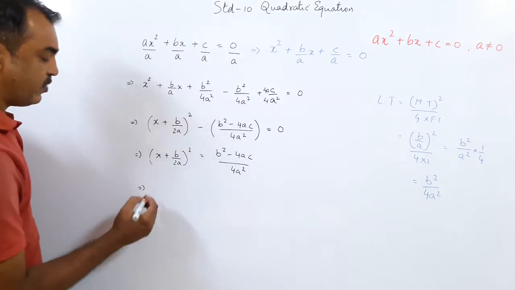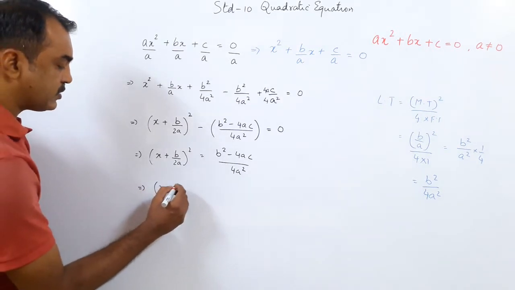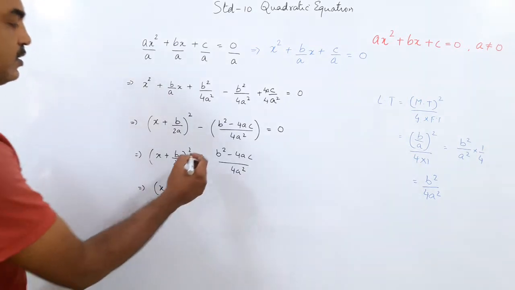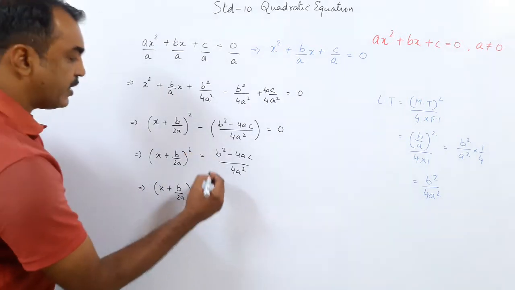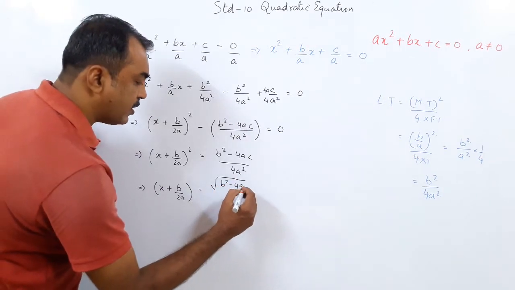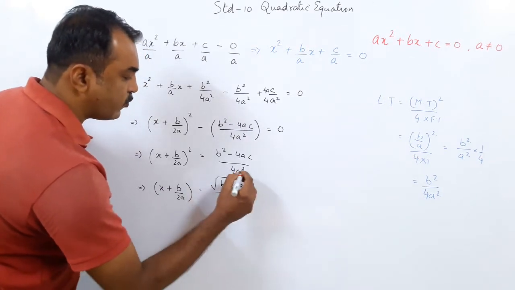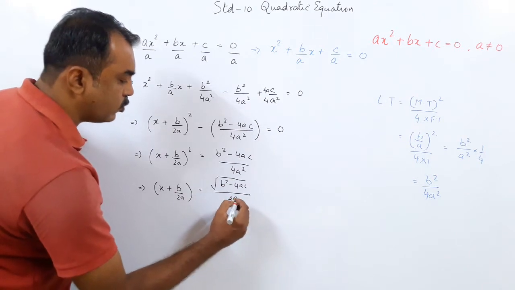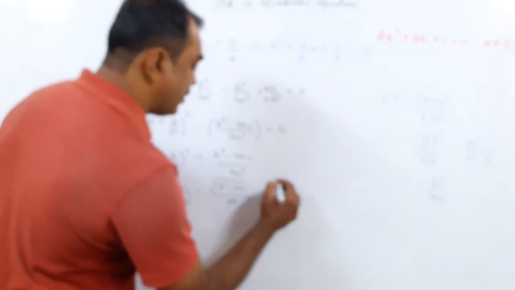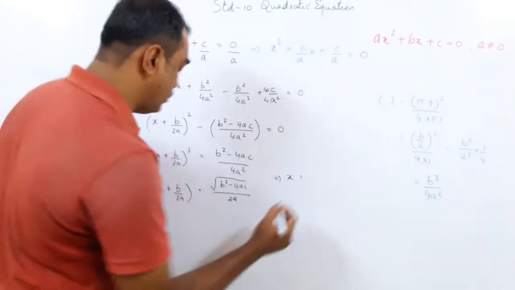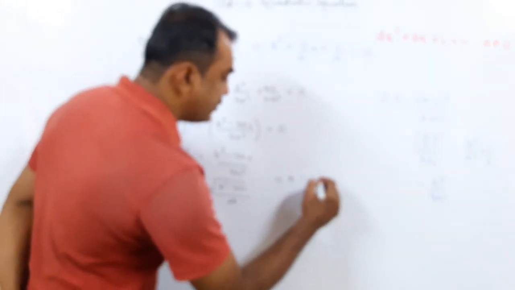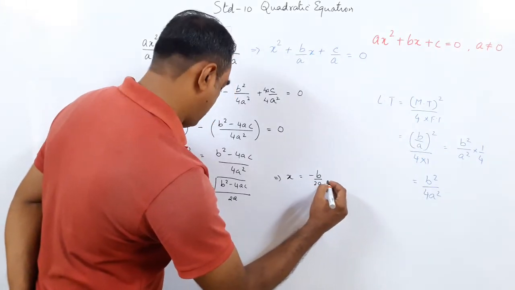So now what is the next step we did? So x plus b by 2a is equal to how much? Taking the under root on both sides. Now this is under root b square minus 4ac, and the under root of 4a square is what? 2a, because it is 4a square. So what is the x we get? Implies x is equal to, b by 2a goes on this side, minus b by 2a.